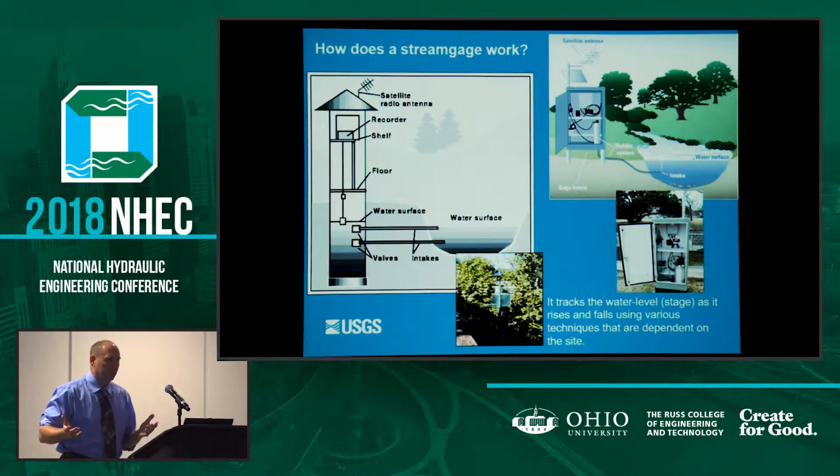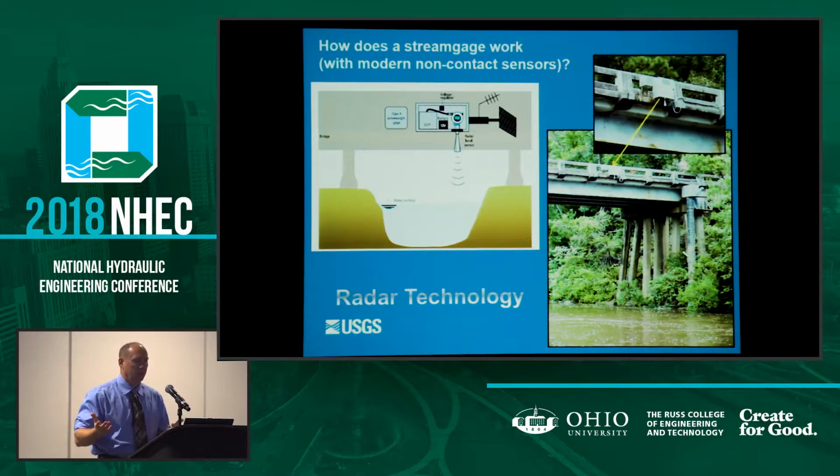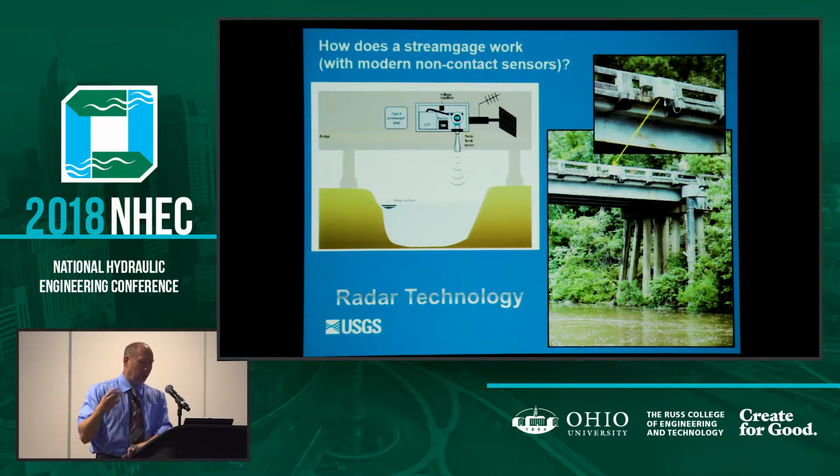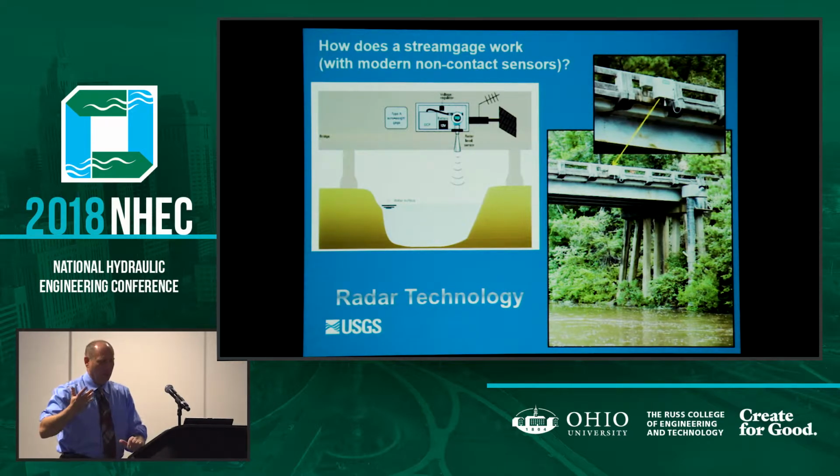Anytime you have a flood or something, those lines are susceptible to getting knocked by debris. So you say, okay, I'll go to this radar, this non-contact stage sensor. So there's no contact with the stream or anything like that. But then what happens is you'll get a spider that sets up inside the radar cone, and obviously in the morning there's a lot of dew, and so the radar will sense that dew, and think that that's the river stage, and that's not actually the case.